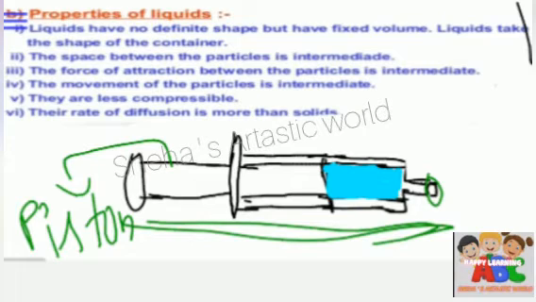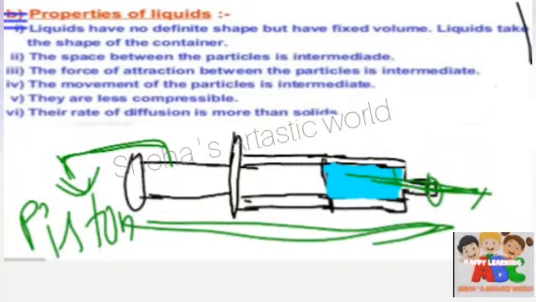Compress the piston. What do you see? Does the water flow? No, because water is less compressible. Less compressible, not zero compressibility. You compress the piston, but the water does not flow. Okay, clear?